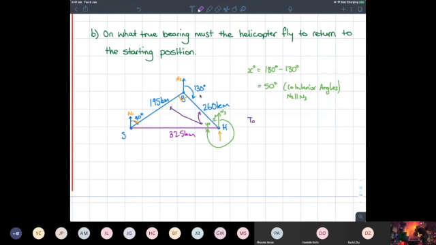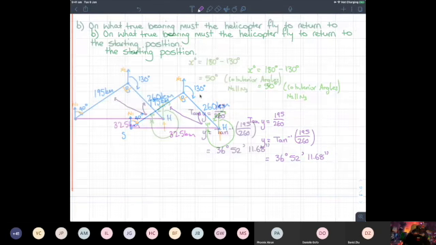So tan of Y is equal to opposite over adjacent, so 195 on 260. So Y is going to equal inverse tan. All right, so we know that Y is 36 degrees, 52 minutes.